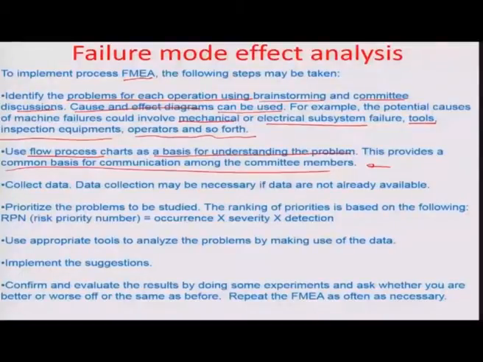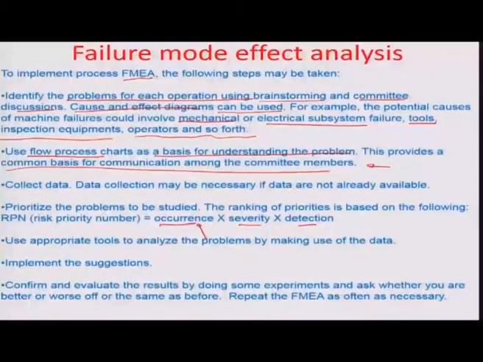And in order to numerically rate the various aspects related to occurrence, severity and detection related to a process, we can look into a list of, for example, failures, and a list of countermeasures and a list of detection methods for the failure to be detected before it goes out as a part of the product, and then try to find out what the occurrence level is in terms of a rating.